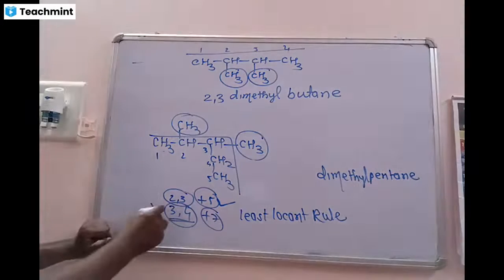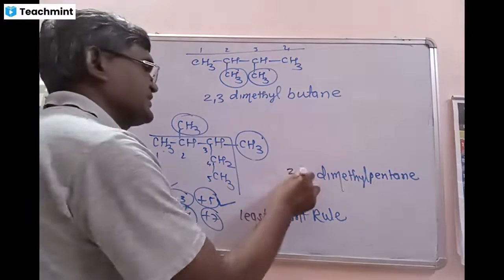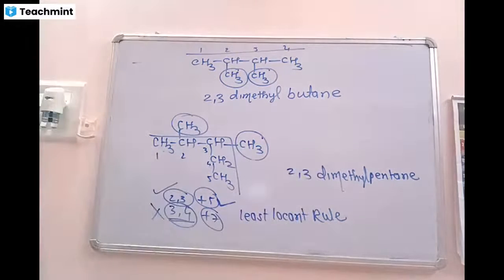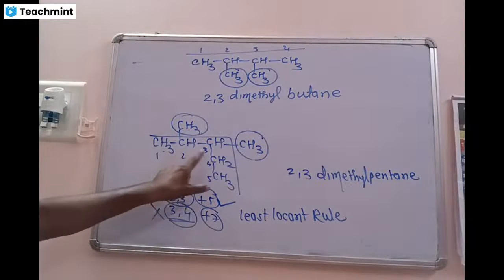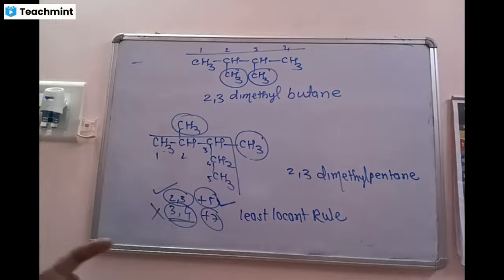So this will be wrong and this will be correct. So now the name will be 2, 3 dimethyl pentane. Right? So you got this name? Yes. Okay.